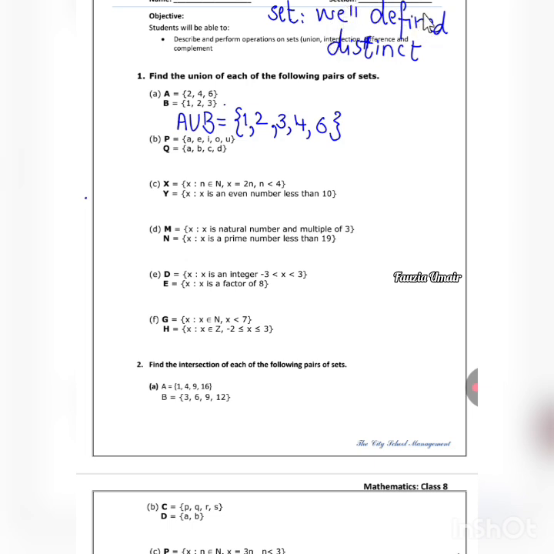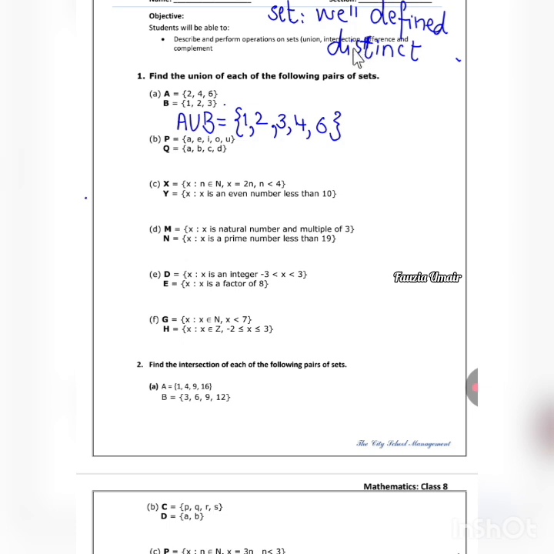Like for example, if it is set of prime numbers, it's a fact that 1 is not a prime number. Everybody is clear about it. 2 is a prime number. We all know that. But if a set is like the favorite movies of 2025, that is not a well-defined set, because favorite movie is an opinion-based answer.